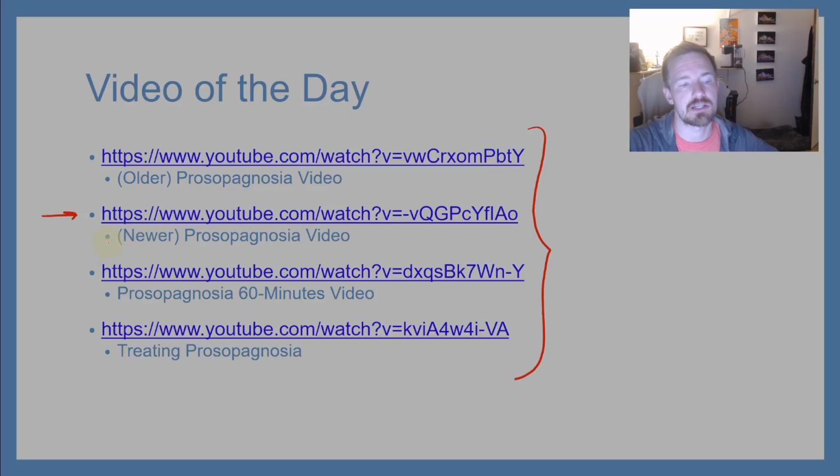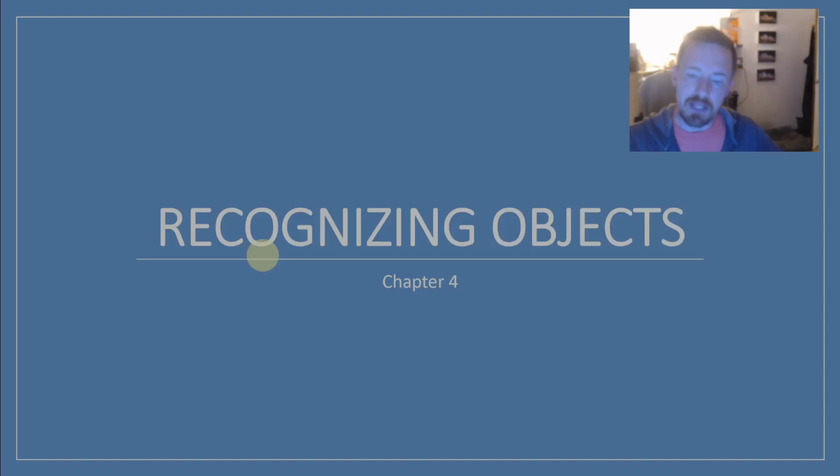It's really interesting, but if you're really pressed for time, this older video is shorter, about 3 minutes or so, but you can tell that it's from the early 90s or whatever. I like showing you new content whenever I can, so I would go with the newer video if you have time. The others are optional. But we'll get into prosopagnosia later at the very end of this chapter. So let's get into it.